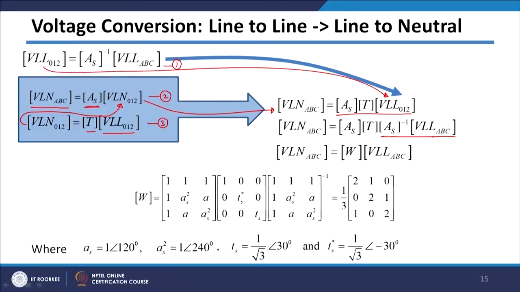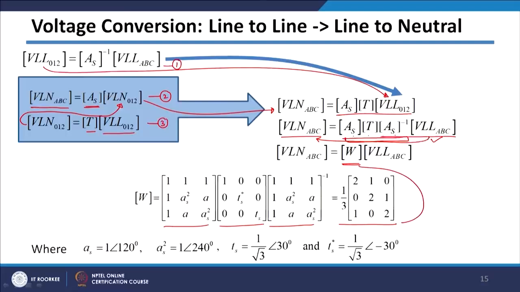So here we get line to line phase quantities on the right hand side, and line to neutral phase quantities on the left hand side. So we have converted these line to line quantities into line to neutral quantities using this matrix transformation here, and that is represented by W. So W will be nothing but AS multiplied by T multiplied by AS inverse, and if you explicitly calculate that, you will get this matrix.